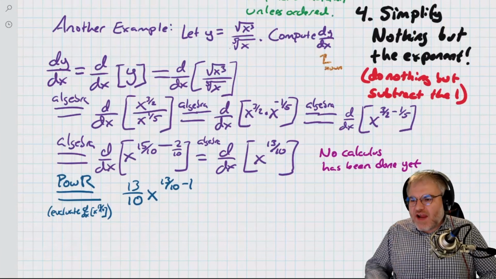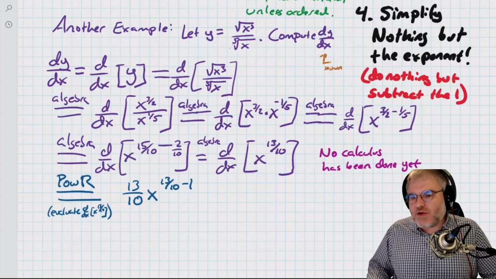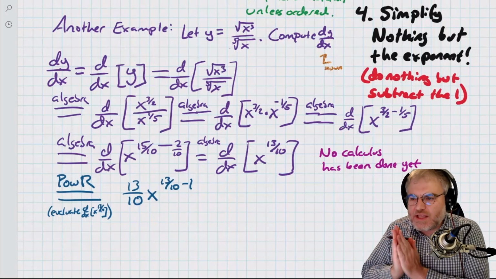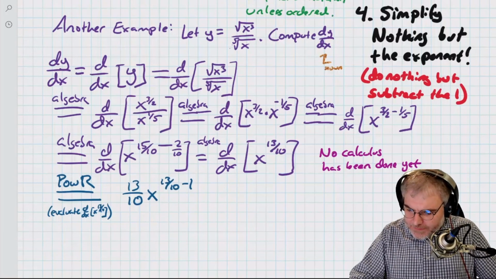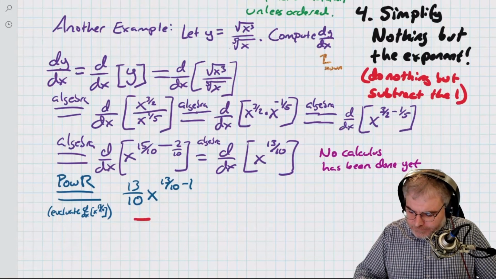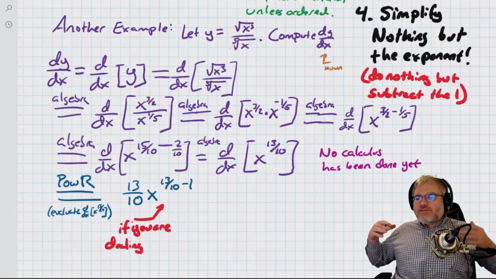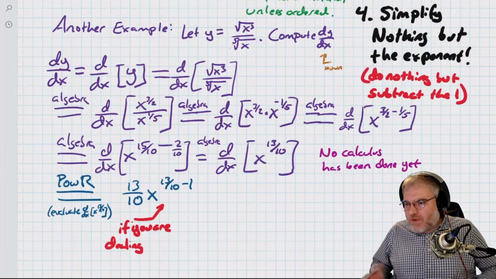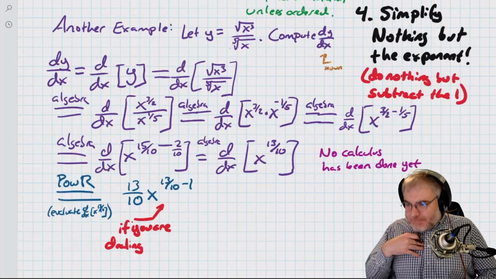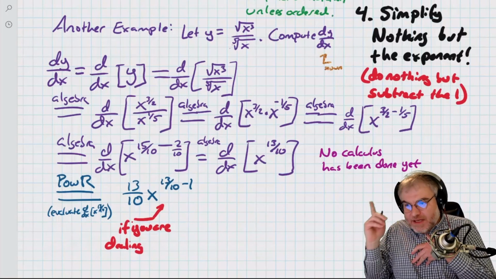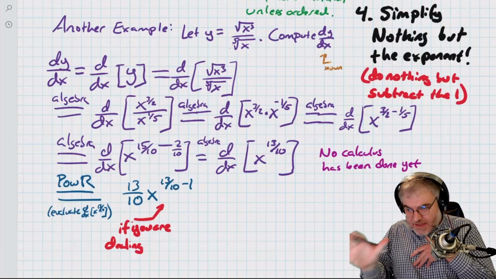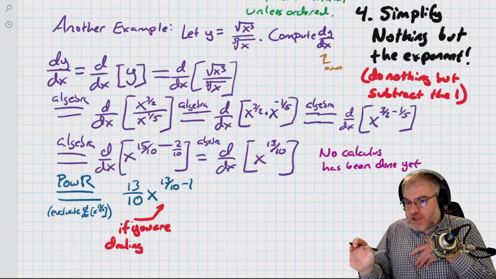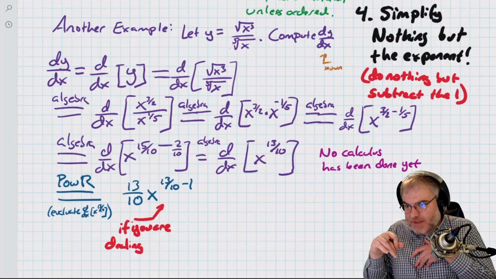If you are dealing with fractional exponents or negative exponents, please, oh please, do the minus 1 step. So if I'm dealing with x squared, I'm going to say 2x to the first without doing an intermediate step. This is my personal preference. You won't get marked off for it unless you make a mistake. And I make mistakes all the time with these things, right? I'm not going to try to subtract 13 over 10 minus 1 in my head, even though it's going to wind up being 3/10.